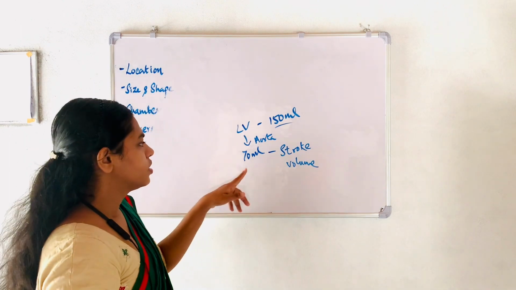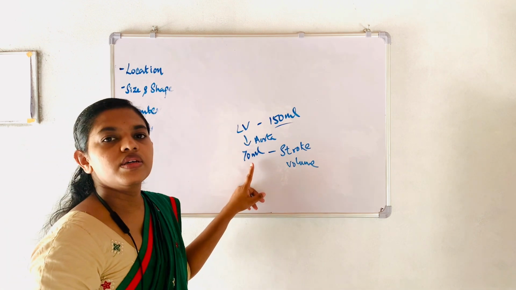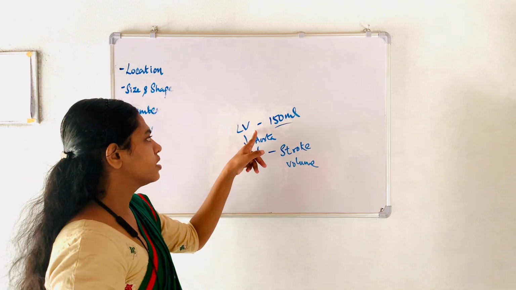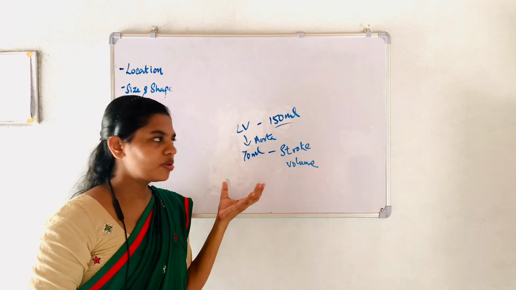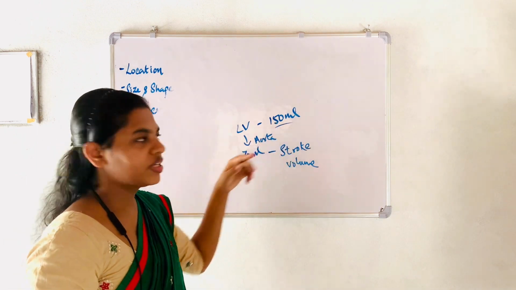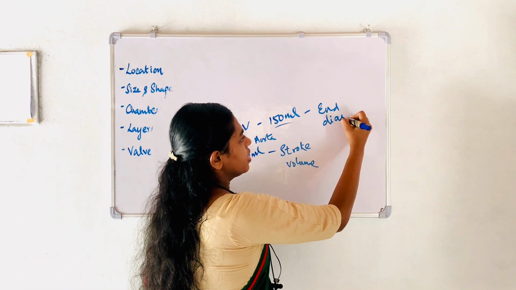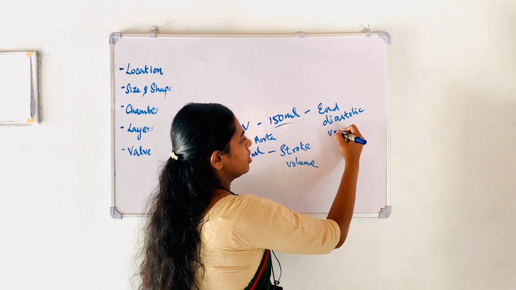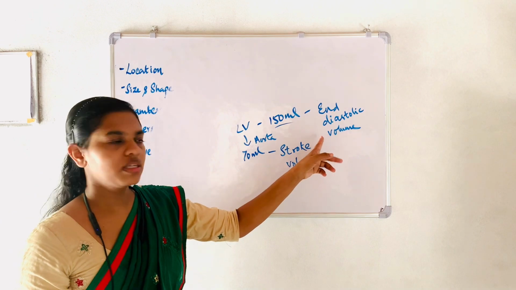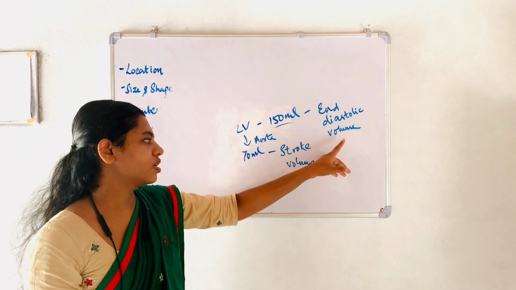Stroke volume. Okay. So with each contraction, the amount of blood that is ejected from the LV is known as stroke volume. That is around 70 ml. And the LV contains some amount of blood at the end of ventricular diastole. That is 150 ml. That is also known as end diastolic volume. Okay. By the end of the diastole of ventricles, the amount of blood inside the ventricle is known as end diastolic volume.